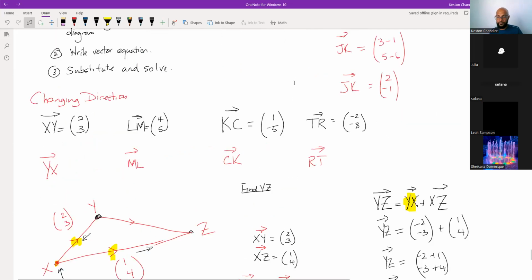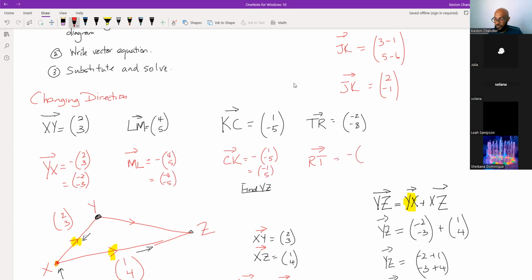Now here, this is a change in direction. All you really do is put a negative sign in front of these. So this becomes minus 2, minus 3. Same thing here, put a negative sign in front of it. Everybody understand that? And even in a case like this, if one of the numbers is negative, you just use the same rules from algebra: negative 1 will become positive 5.